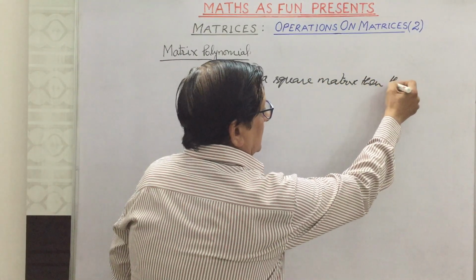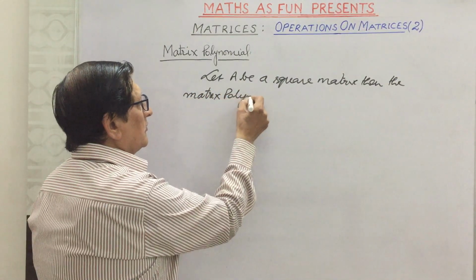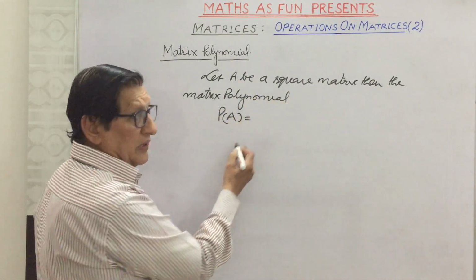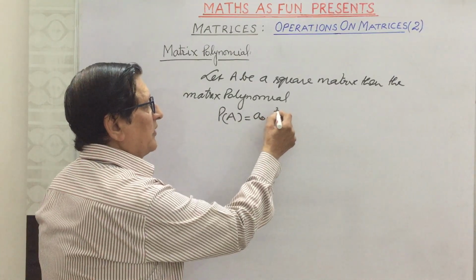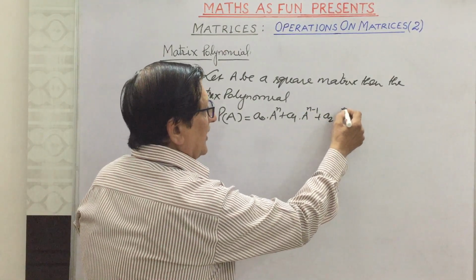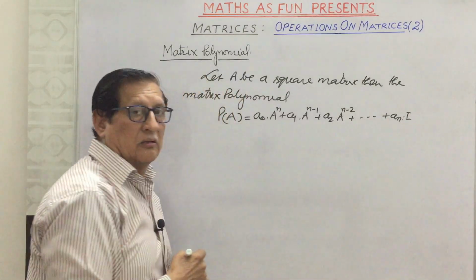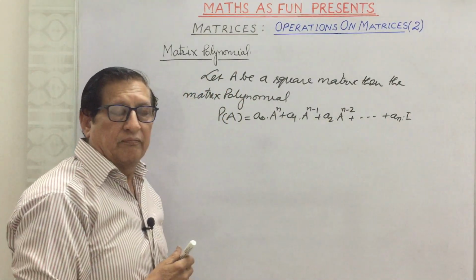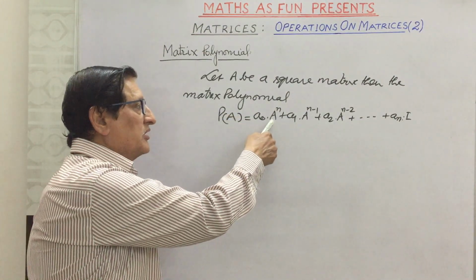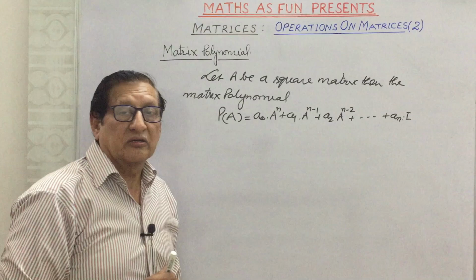Then the matrix polynomial P(A) can be written as a0 into A power n plus a1 into A power n minus 1 plus a2 into A power n minus 2 plus and so on, plus an into I. If we write an only, then we have to multiply an identity matrix of the same order as that of A with that. Why? Because these all have to be matrices of the same order.